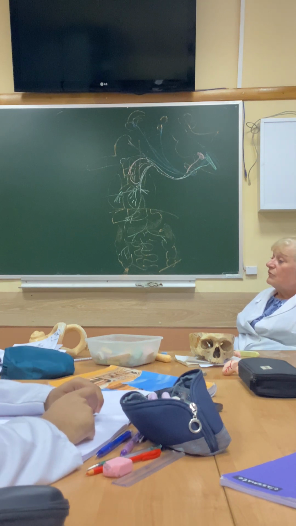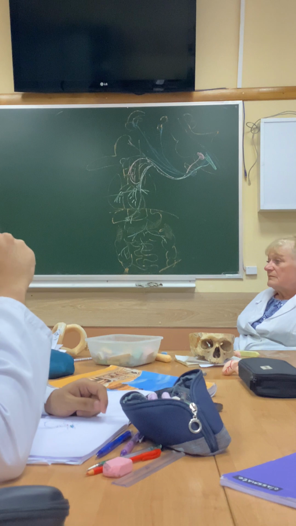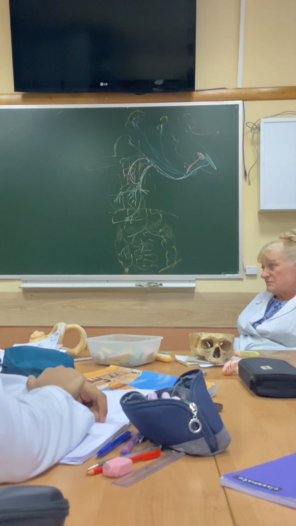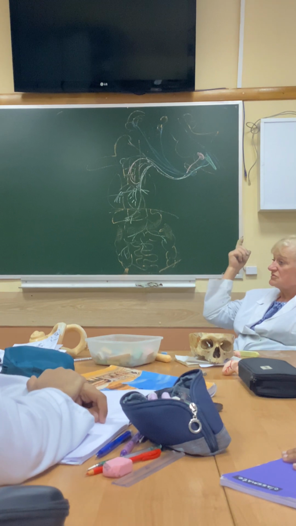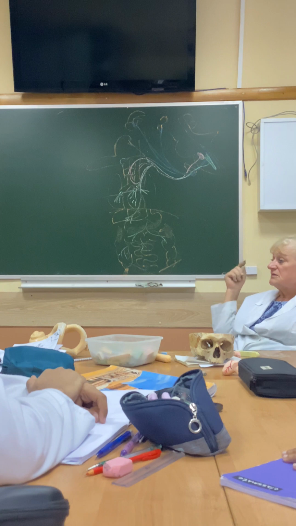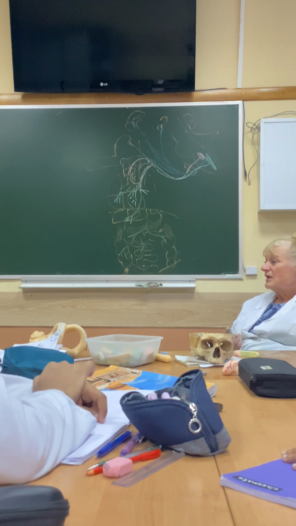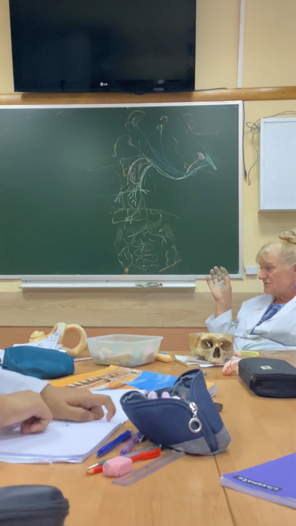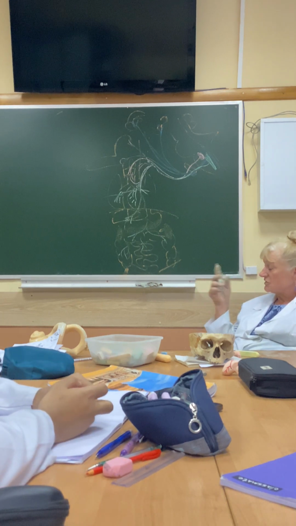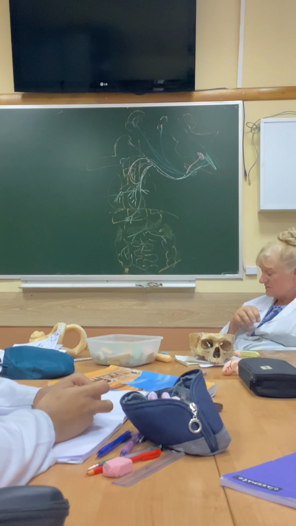Do you understand? For example, meningitis, inflammation of the meninges. Information about meningitis comes to the solitarius nucleus. Solitarius nucleus informs the dorsal nucleus of the vagus nerve, and we have bradycardia, slow contraction of the heart, because for all other tissues there will be increasing of function, but for the heart there will be decreasing by this nucleus.